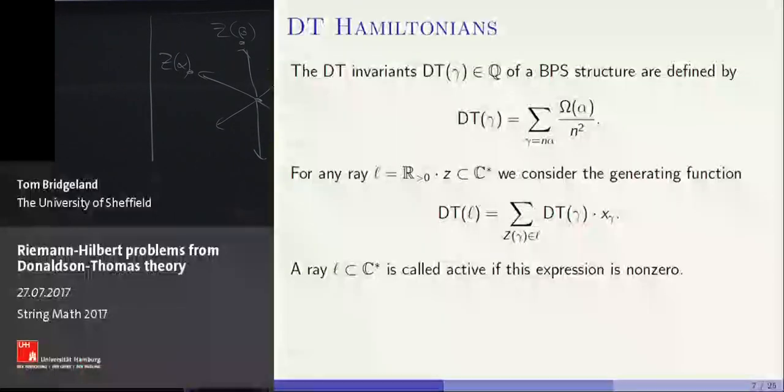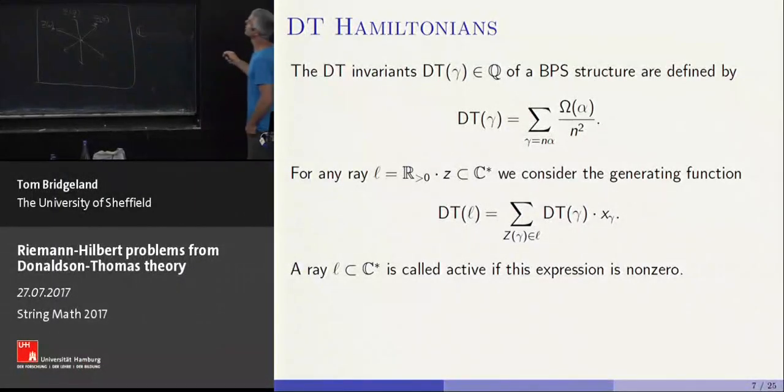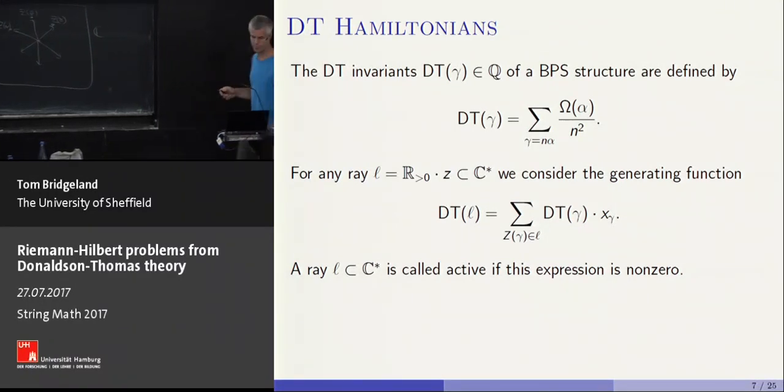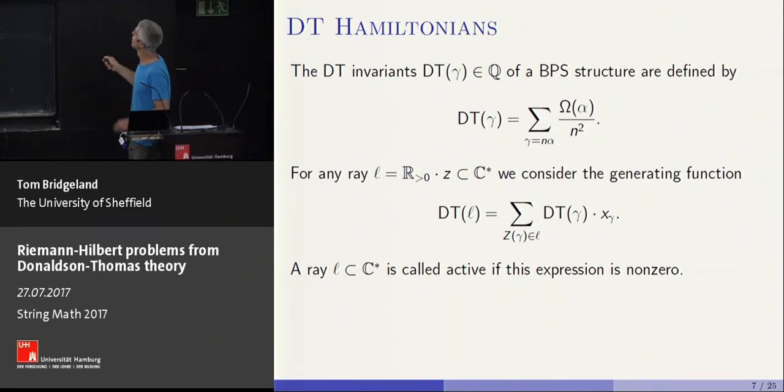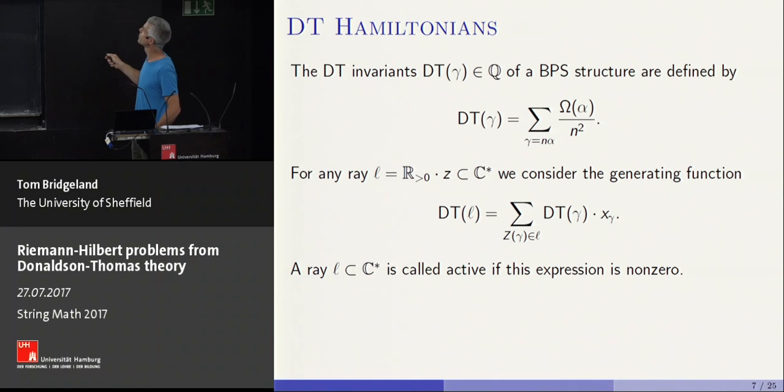Now in this complex plane, I can sum up the DT invariants with the appropriate character on that ray. What you can see is that if there's just one omega gamma living on this ray, then this is going to be a dilogarithm, because that omega gamma is going to contribute to every DT n gamma with a coefficient 1 over n squared. So that's where the dilogarithms come in.